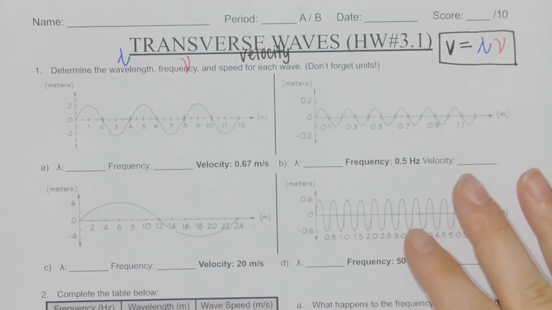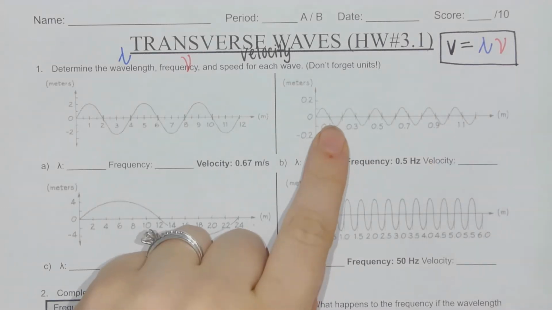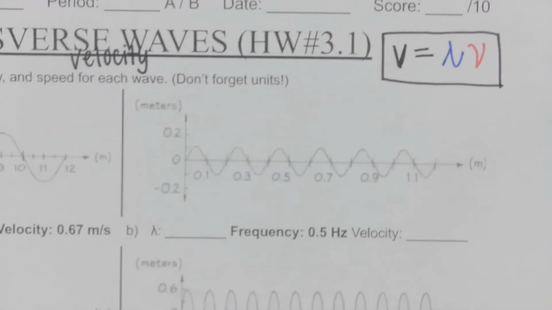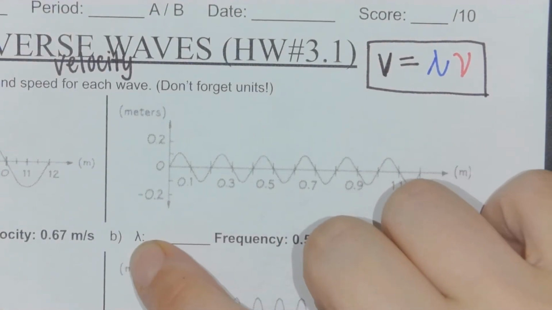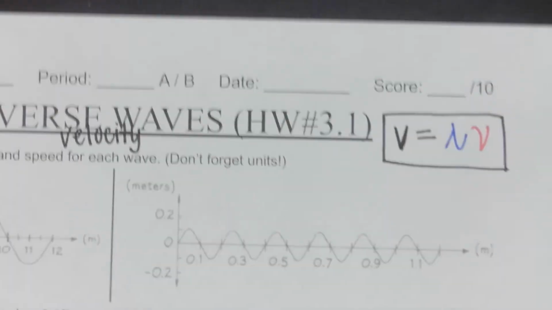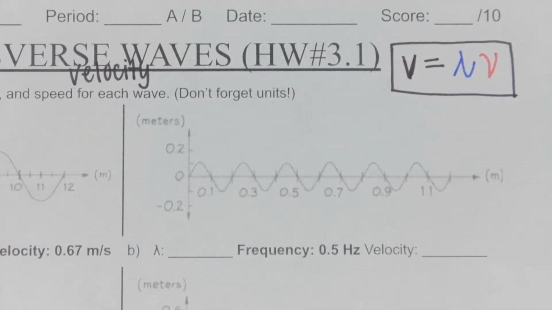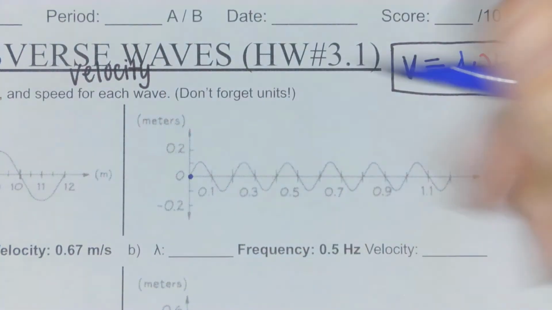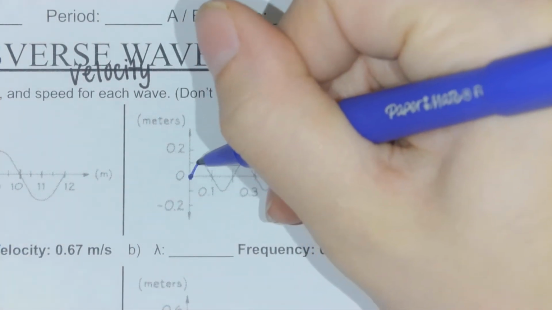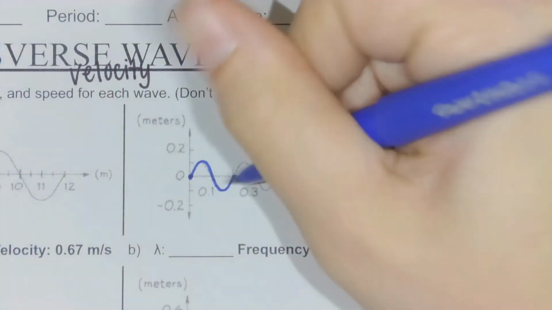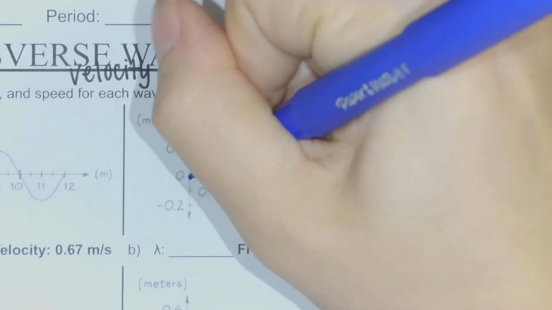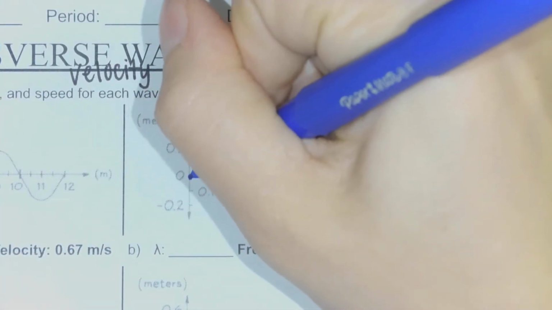So problem number one, actually, I'm going to do this one so that I can zoom in and still have my equation be present. So for part B, the wavelength, I need to decide what the length of the wave is from either crest to crest or trough to trough, but since it kind of starts here at the beginning of the up cycle, I'm just going to go, okay, from the beginning of the up cycle to the next beginning of the up cycle, so from there to there, this is my wave.